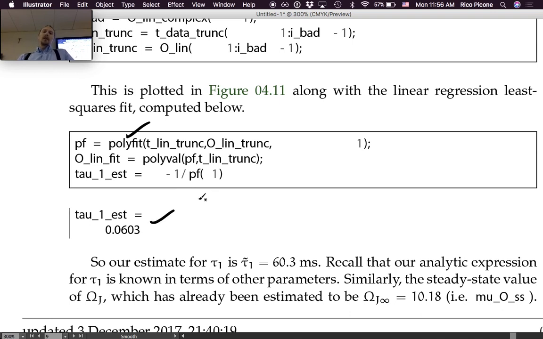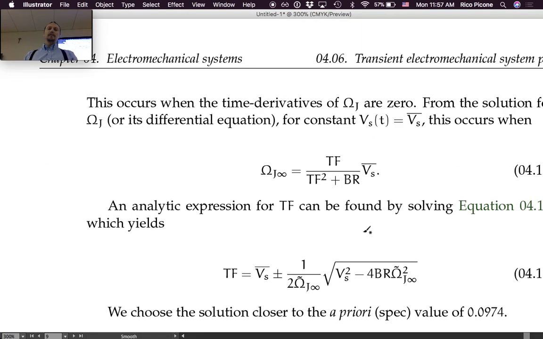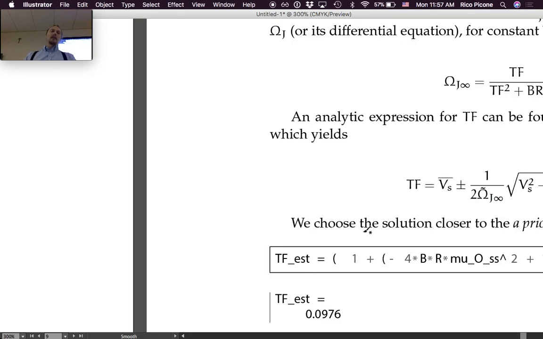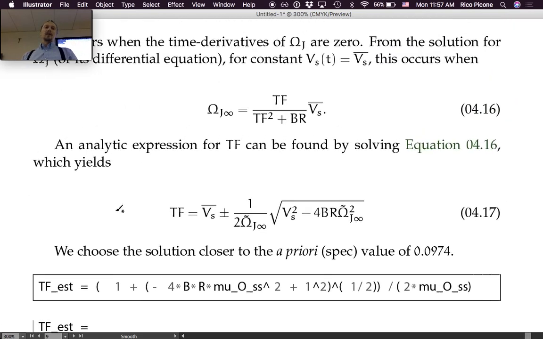0.063, so 60.3 milliseconds. Recall that our analytic expression for tau1 is known in terms of other parameters. Similarly, the steady state value of omega j has already been estimated to be 10.18.